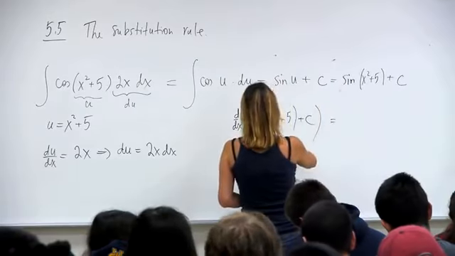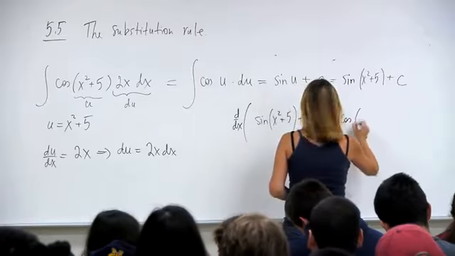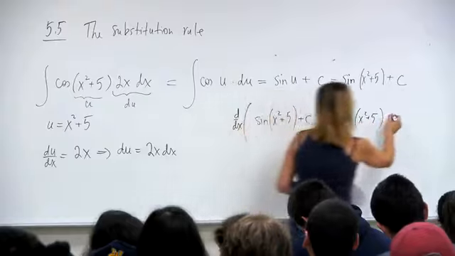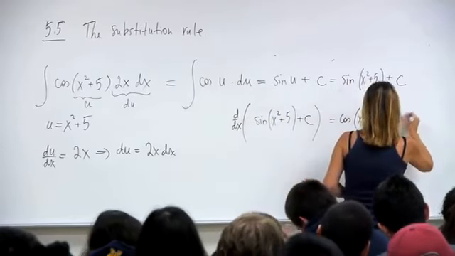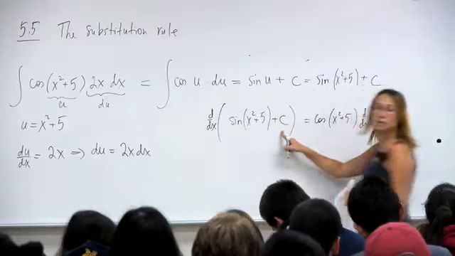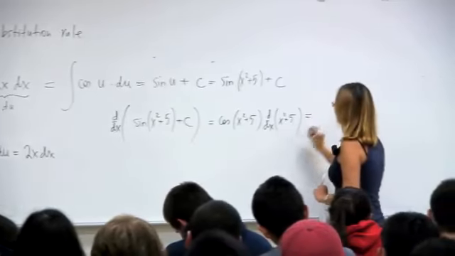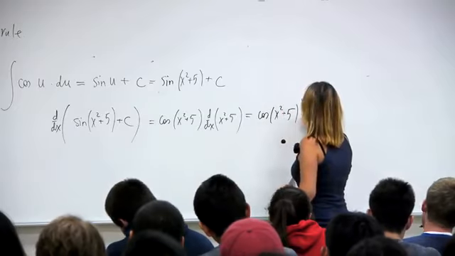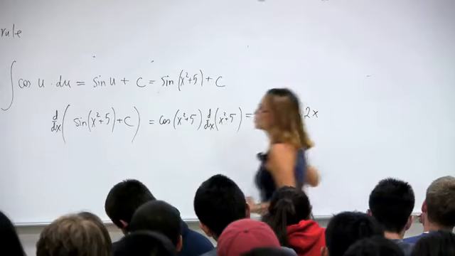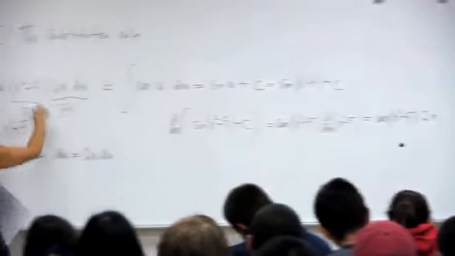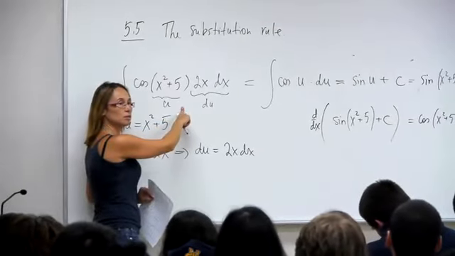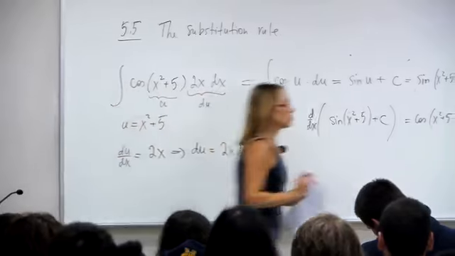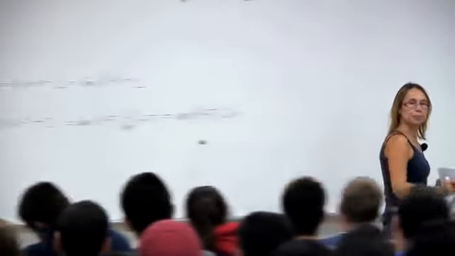So the derivative of sine is cosine, and we have to multiply it by d dx of x squared plus 5. And of course, c doesn't give me any contribution to the derivative. So I have cos of x squared plus 5 times 2x, which is exactly what appears in this indefinite integral. This tells me that I obtained the right answer. Okay, so questions about this?